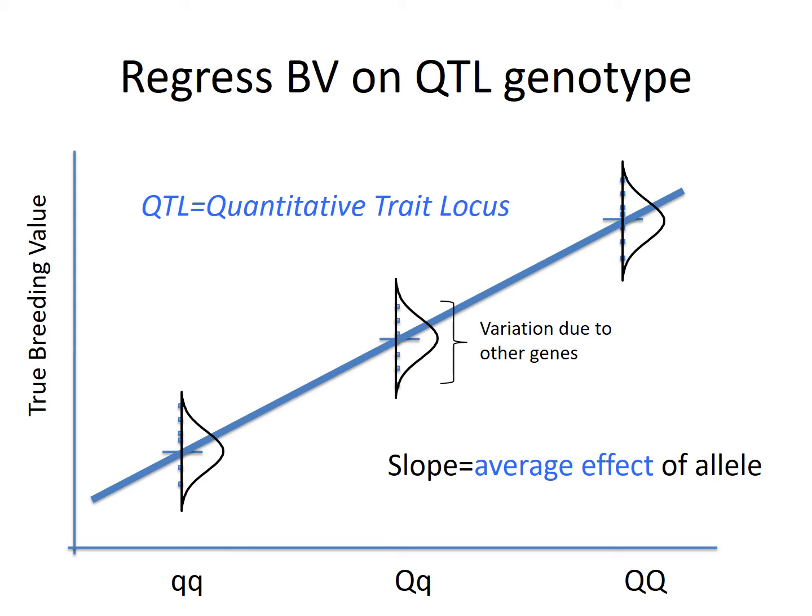On the y-axis, I would have the true breeding value of a bull based on progeny test from many offspring. And on the x-axis, instead of talking about 0, 1, or 2 bags of fertilizer, I talk about the effect of having 0 good big Q alleles, or 1 good big Q allele, or 2 good big Q alleles.